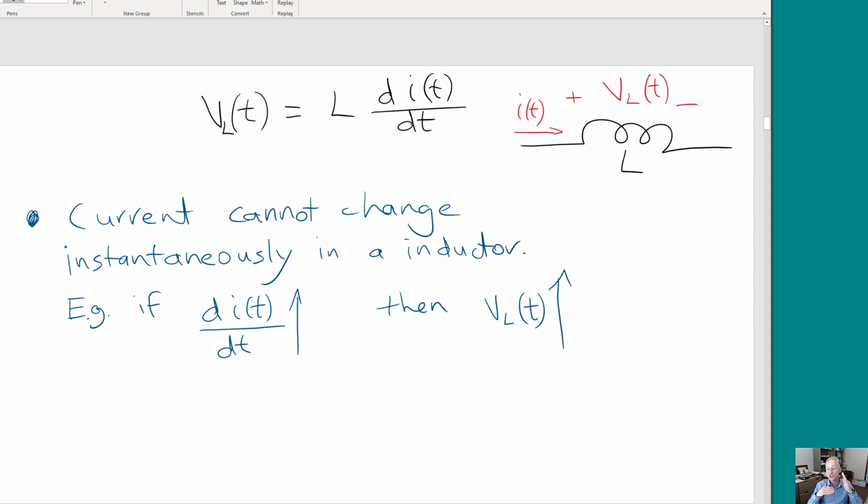Let's say there is a switch, and then what would happen? If you open a switch, the circuit is broken and there shouldn't be any current flowing. So what happens is very interesting.